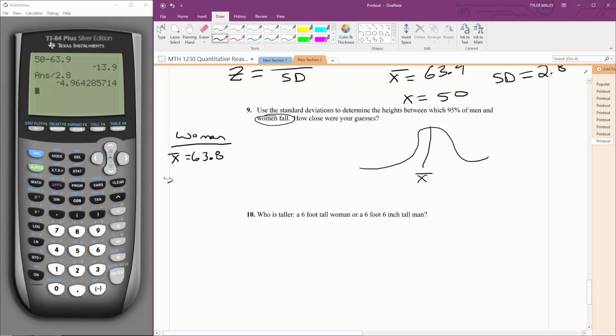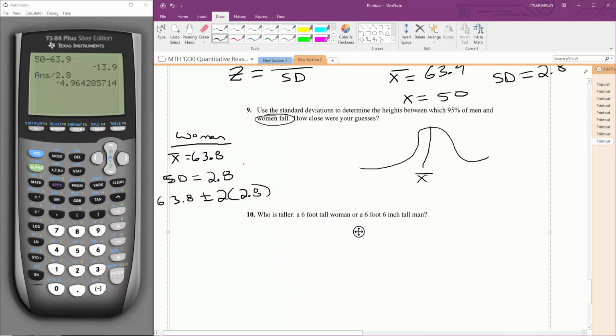So the standard deviation for women, we found to be 2.8, right? And in between two standard deviations is 95% of the data. So we need to take 63.8 plus or minus 2 times 2.8, right? 2 standard deviations.